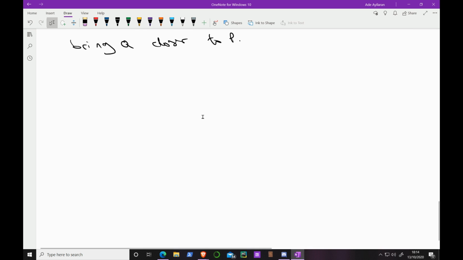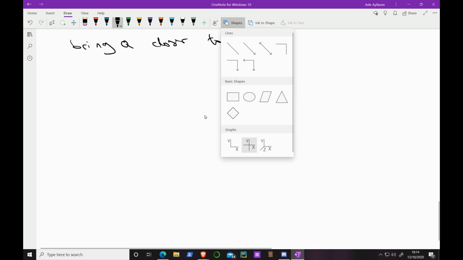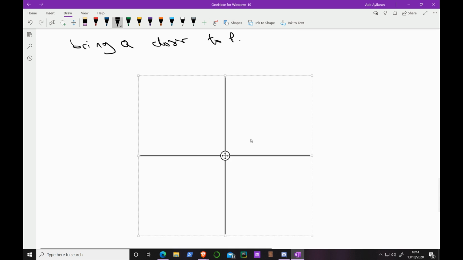Okay, so for the last time, I'm going to redraw the x squared curve.